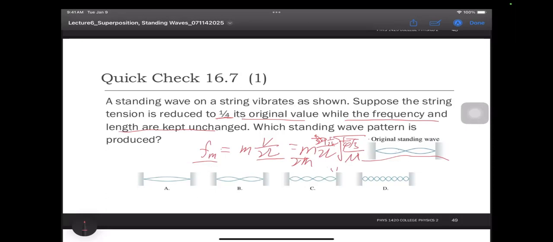Am I right? So the mode number should be increased, multiplied by two times. Does it make sense to you?